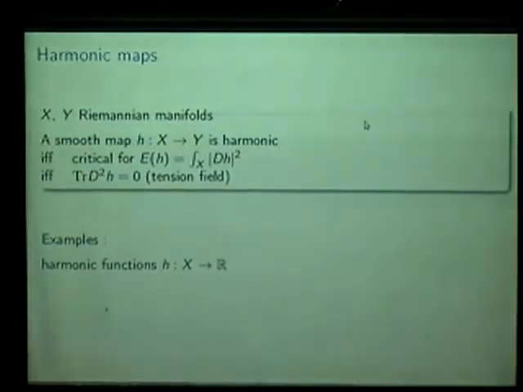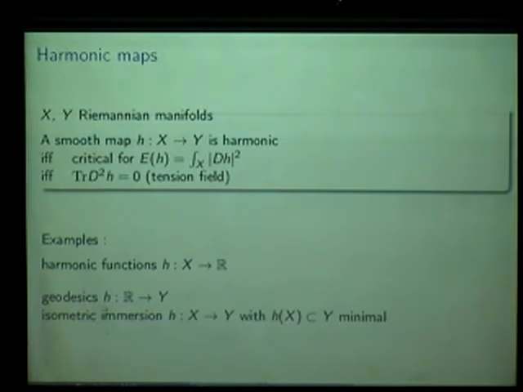Now, when the source manifold is a real line, then a harmonic map is simply a geodesic with constant speed. And an isometric immersion from a manifold to another is harmonic when the image is a minimal submanifold.